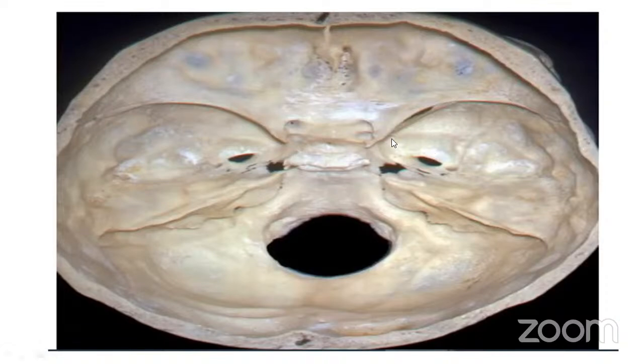Here we have the foramen rotundum, which is separated from the superior orbital fissure by the maxillary strut. We have the foramen lacerum here, and this region of the petrous part of the temporal bone contains the carotid canal, which contains the internal carotid artery along with its sympathetic nervous plexus.